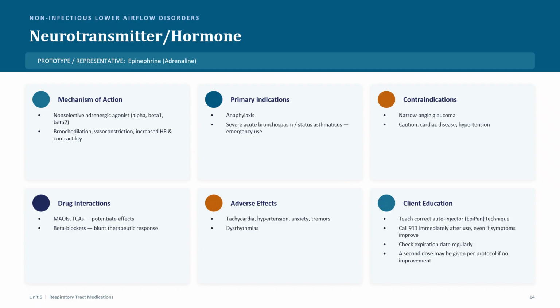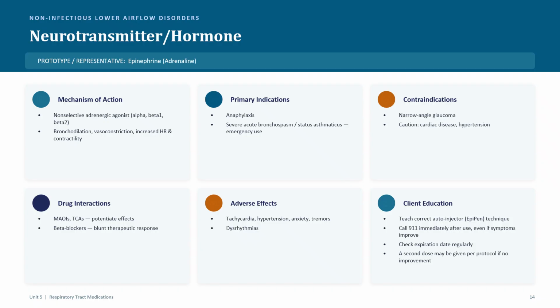So everything else in this section has been reasonably selective, hitting one receptor type or one pathway. But epinephrine hits everything, alpha, beta 1, and beta 2, all non-selectively. So think of it as the sledgehammer of the unit.